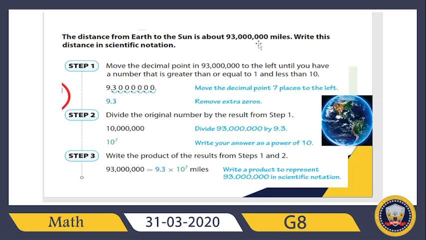Okay, so how now can I make this number simpler? This scientific notation gives me the way. Here, as we said yesterday, it's 93 million.